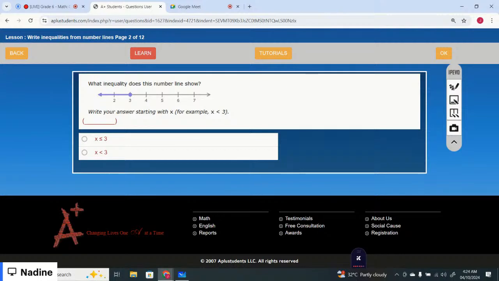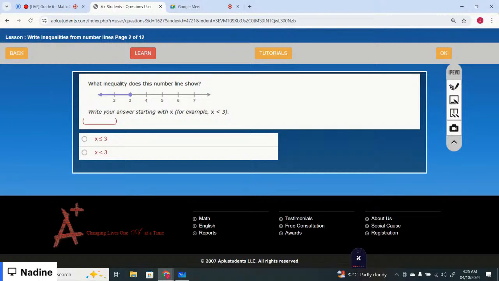What inequality does the number line show? Which is the correct option? That is x is less than or equal to 3.